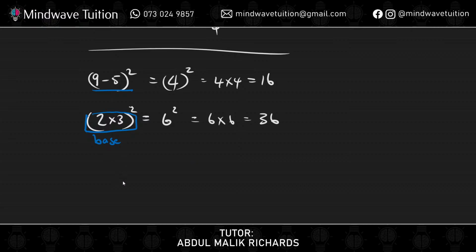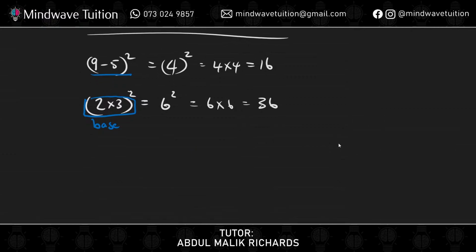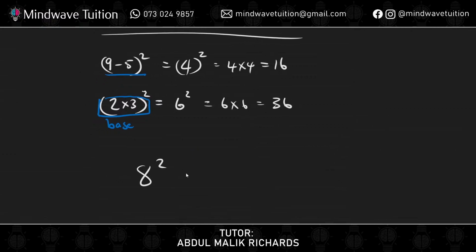And basically that is exponents. Obviously we can always compare which one is bigger and which one is smaller. So 8 squared and 9 squared, they increase with the numbers, so 9 squared will always be bigger than 8 squared.